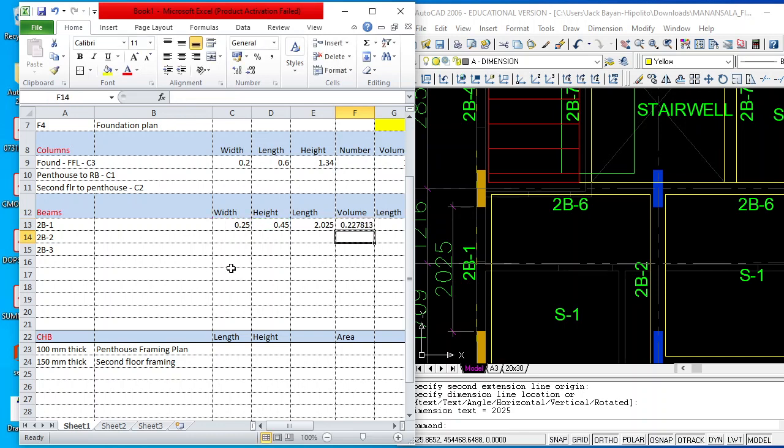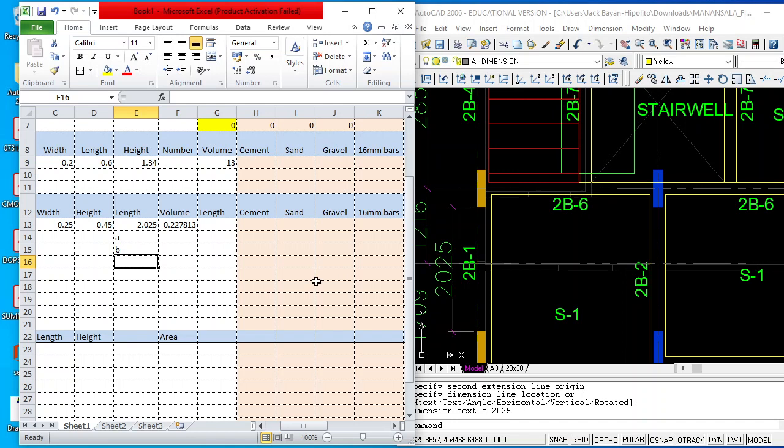Now, it is possible that not all 2B1 have the same length. So, what does it mean? In that case, you can move this and make another 2B1 entry, because their lengths differ. There may be length A and length B. The length is different, so the volume will differ. We cannot combine them. Then you just put the formula to determine the cement: the volume multiplied by 9.